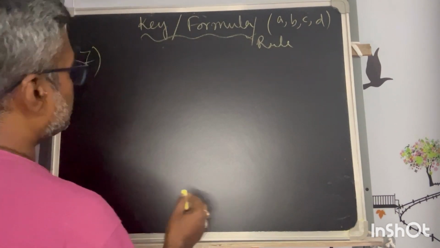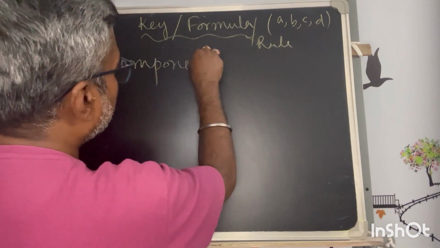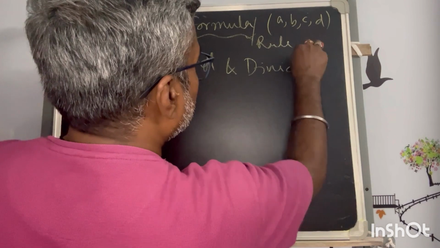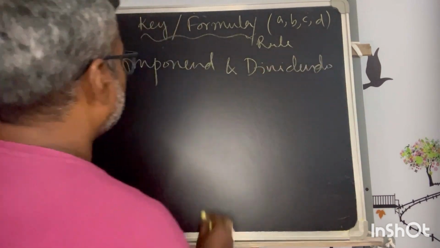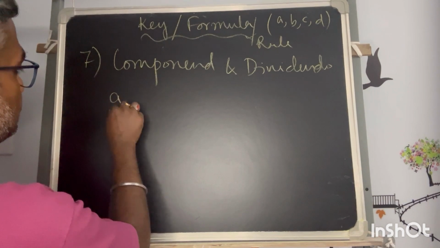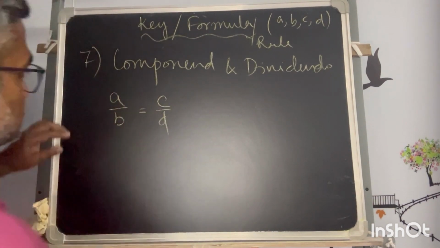This is a combination of componendo and dividendo. With this combination, this formula is made. What is that? a by b is equal to c by d. In componendo, what is done?